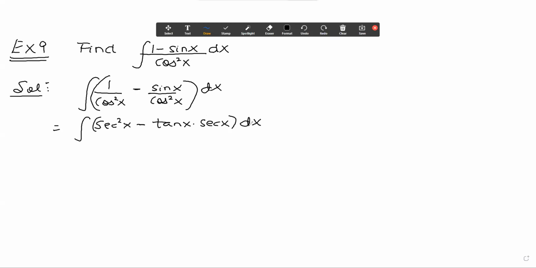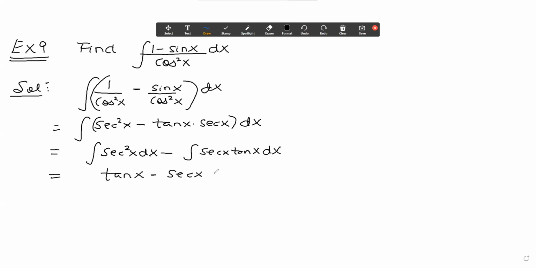Sin x upon cos square x I can write as sin x by cos x into 1 upon cos x. Now sin x by cos x is tan x and 1 upon cos x is sec x. This I can write as integral sec square x dx minus integral sec x tan x dx. Now from the table I have given you, you can check that the integral of sec square x is tan x and the integral of sec x tan x is sec x, plus c. This is my answer.